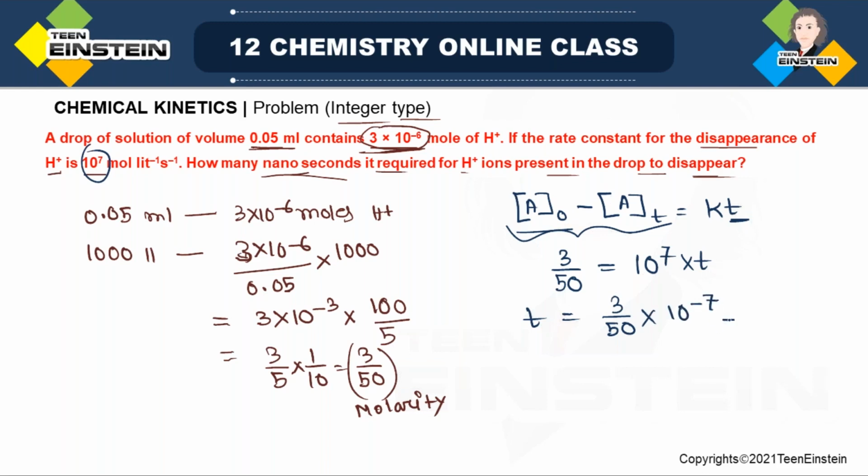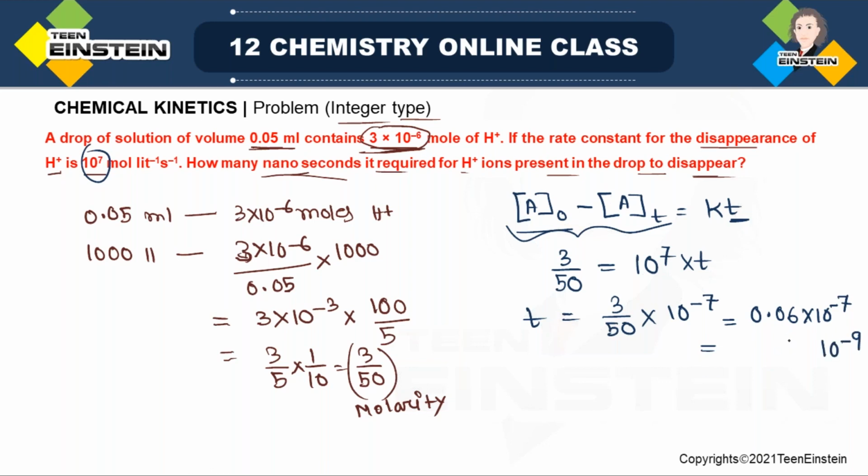And if you do the calculation, it will be... but what we'll do, nanosecond means what? 10 to the power minus 9 second. So we will write it here minus 9.